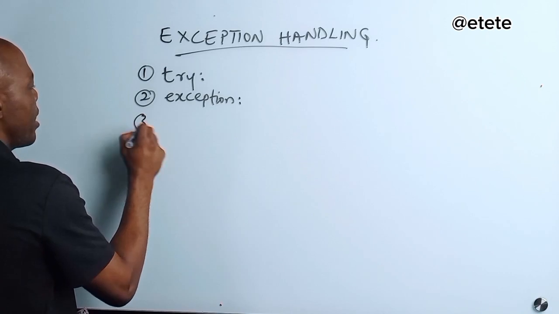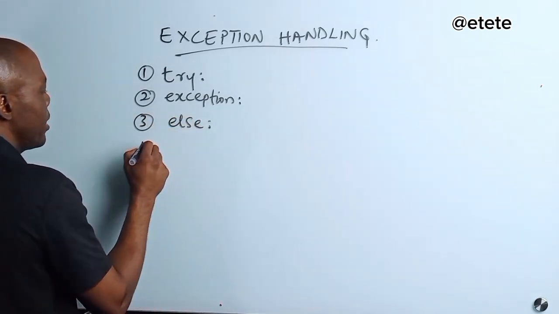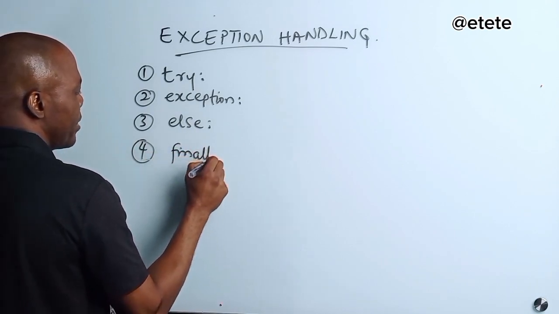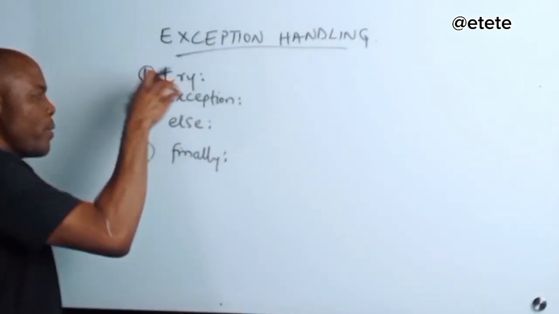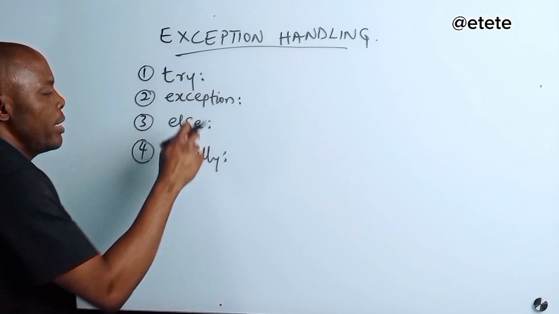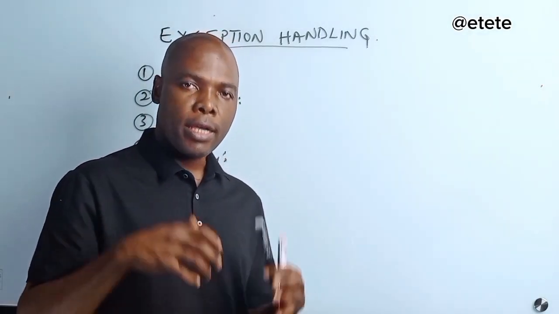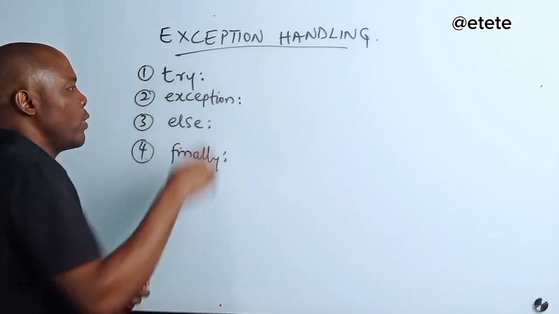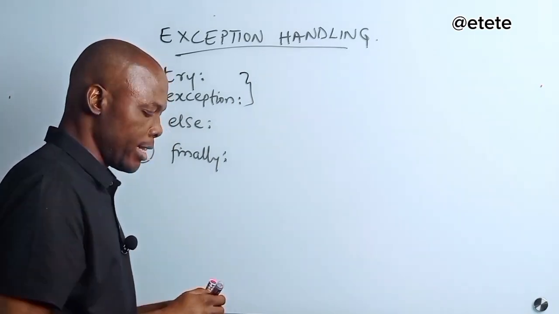We also have the else block, and then we have the finally block, right? So we are going to look at these four: the try block, the except block, the else block, and the finally block. That is what we want to look at as a way to handle runtime error. So the first one that we'll look at now is the try and except. That's what we want to look at in this class.